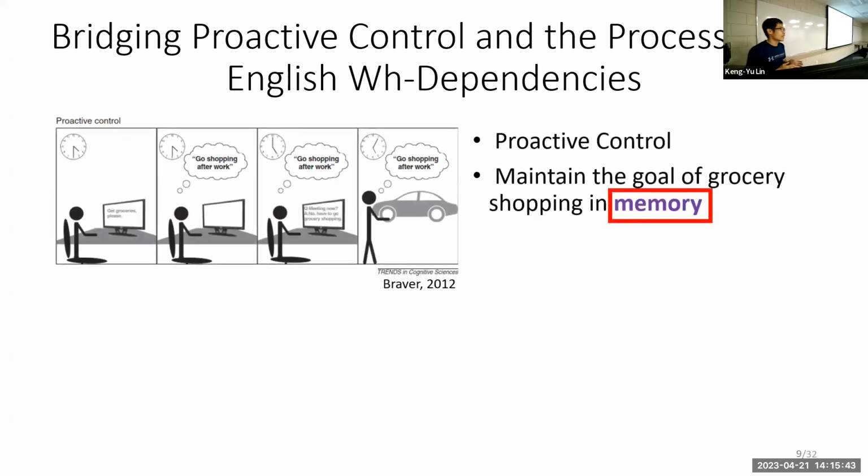Quick refreshment. Proactive control refers to maintaining your goal in your memory. In the example just now, it's the grocery example. While you are focusing on your work, you are still remembering you have to get groceries after work. That's proactive control. You have to keep the information in at least your memory system, right?